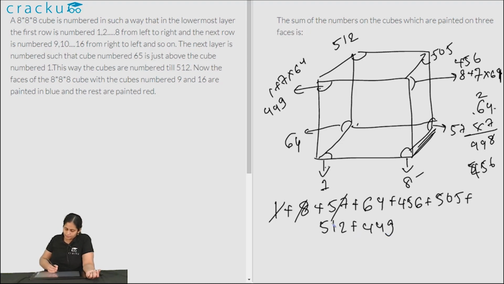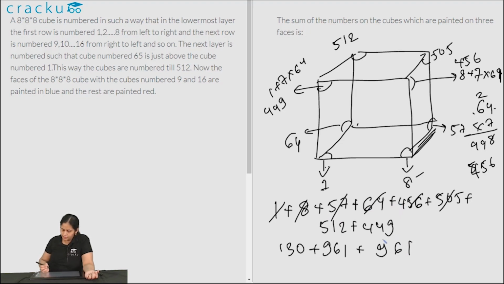This is 9, so this will be 66, 66 plus this, so 130 plus, let me try to add these two together. So this is 961, and the sum of these two is again 961.